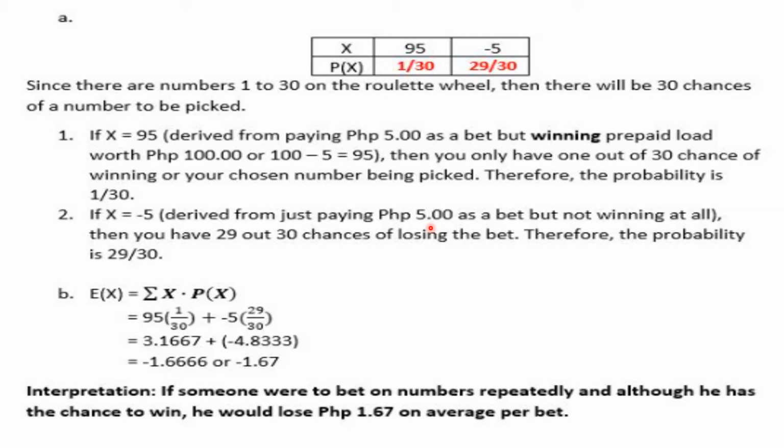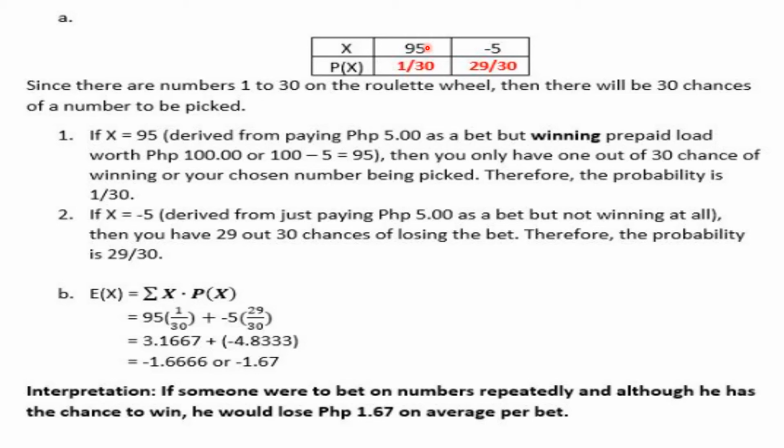But before we can bet on this raffle, we already paid 5 pesos. So our net gain will be 100 minus 5, and that will be 95. So that is the first value of the random variable because that is the first net gain.